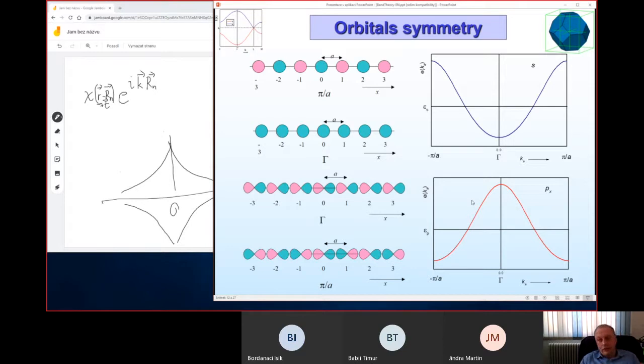Indeed, you can ask why we observe this particular shape, which is actually a cosine function. But this must be analyzed separately, and we really need to calculate the energies of these states as a function of the k vector.